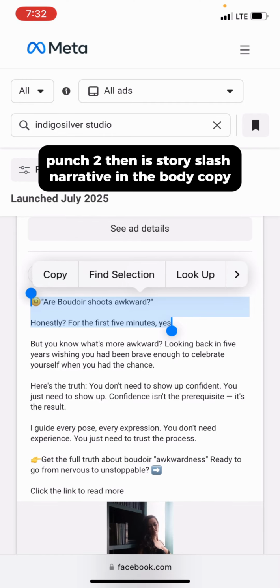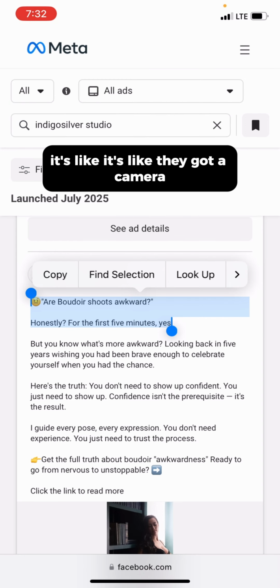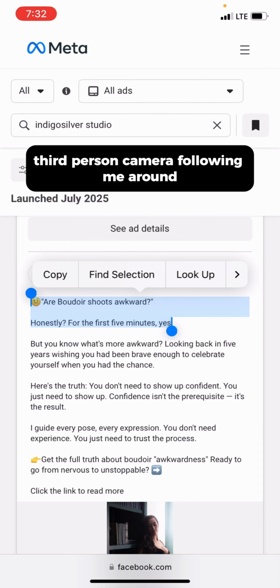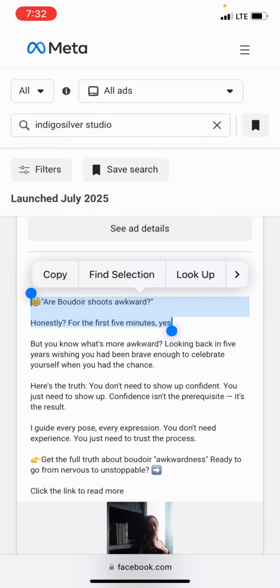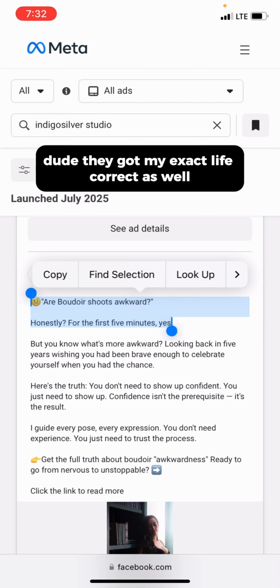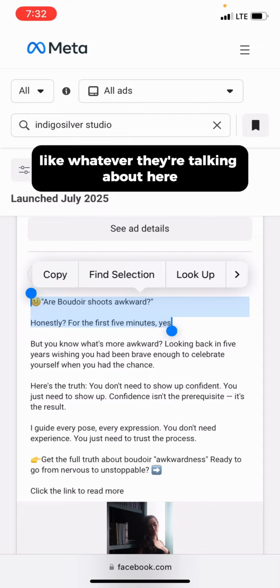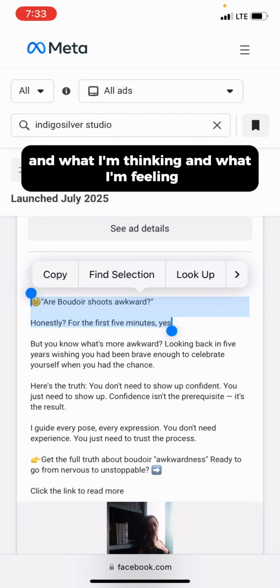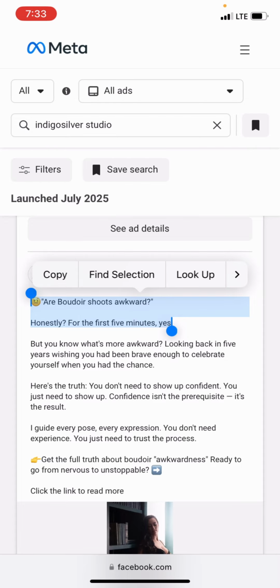And then the punch, so punch 1 is the see more headline. Punch 2 then is story/narrative in the body copy, saying like, oh my God, it's like they got a third-person camera following me around. Dude, they got my exact life correct as well. Whatever they're talking about here, I gotta keep reading because this thing seems to be exactly for me and what I'm thinking and what I'm feeling, what's going on in my life right at this moment.